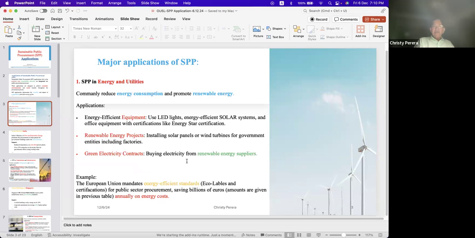They're buying electricity from renewable energy suppliers. Because they are getting the electricity from water flowing areas, from them, you can buy electricity.